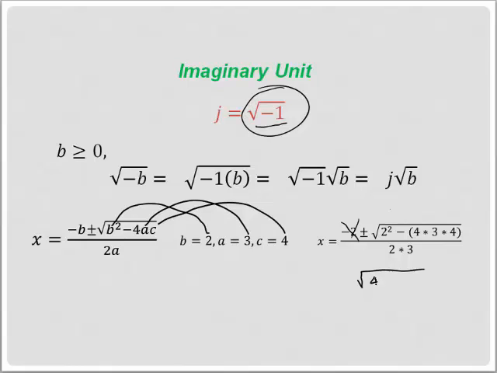We've got 4 minus 4 times 3 is 12 times 4 is 48, and that's all underneath 6. We're not really worried about that 6 down there. But what we end up with is radical -44.